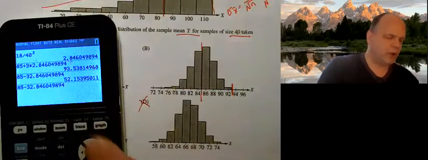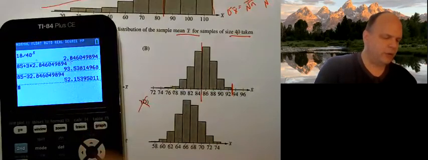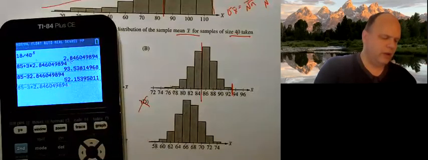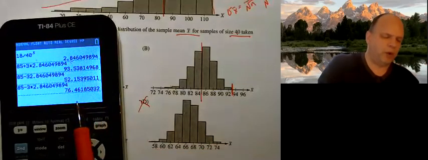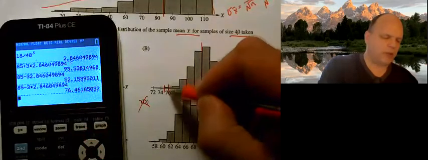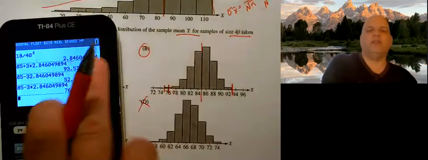Not sure what I'm doing wrong on the calculator, but I'm doing something wrong. Let's clear this. 85 minus 3 times, there we go. And we end up with about 76.4. So the lowest value should be right around 76, and that's pretty close. All right, so our best answer to this is B.